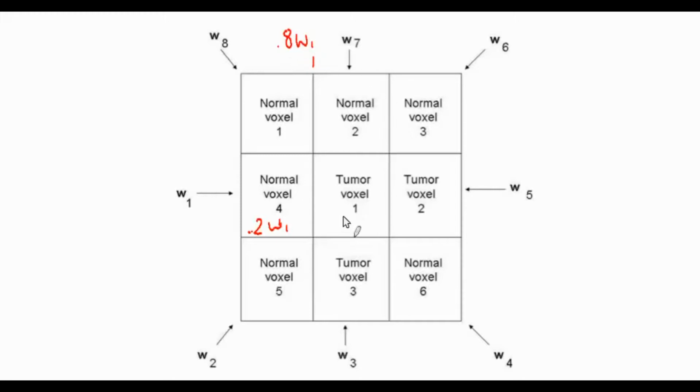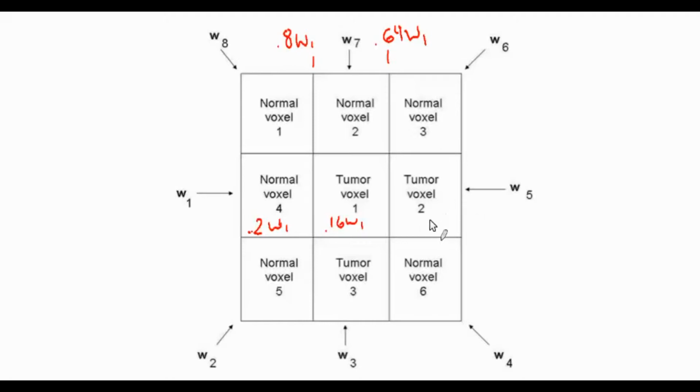And now the next voxel over gets 20% of what arrives at it, and what arrives at it is 0.8 W1, so we multiply 0.8 W1 by 0.2 to get 0.16 W1. And so what leaves at the edge of that voxel is 0.64 W1.